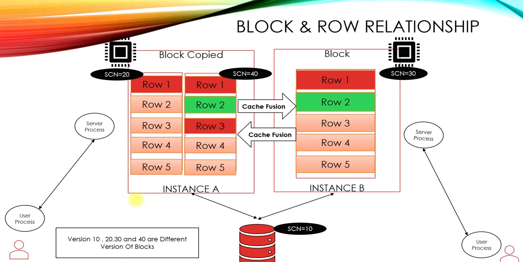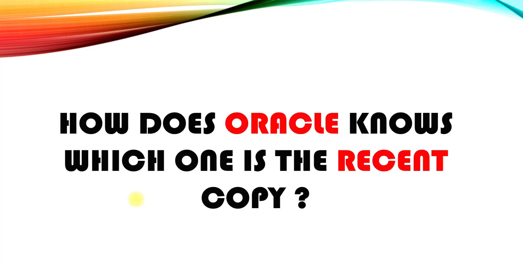Now, as written below, versions 10, 20, 30 and 40 are the different versions of the block. So how does Oracle know which one is the recent copy? That question may arise, right?